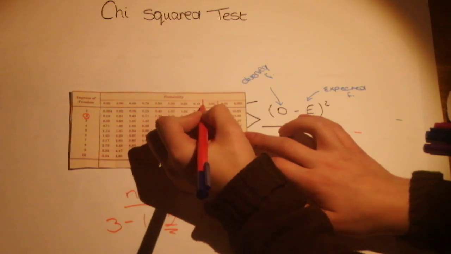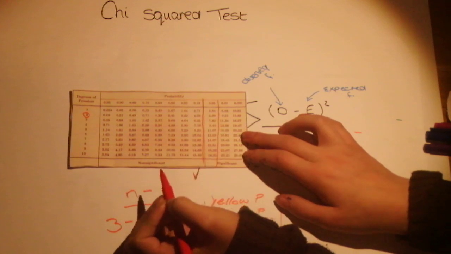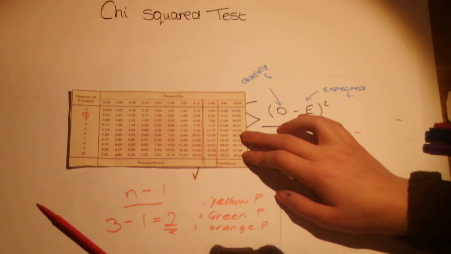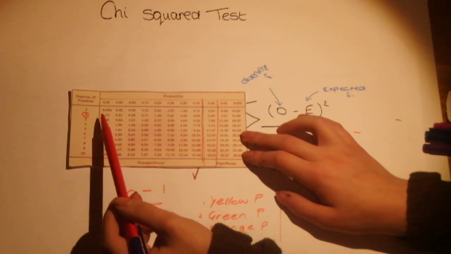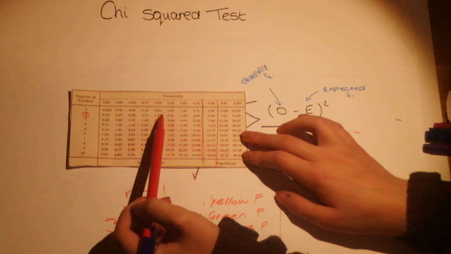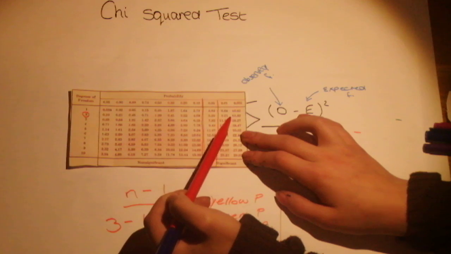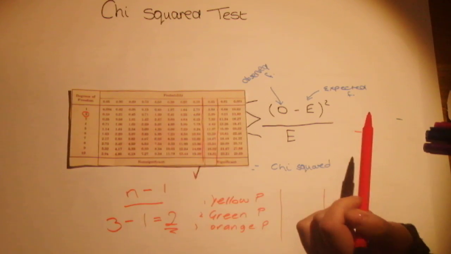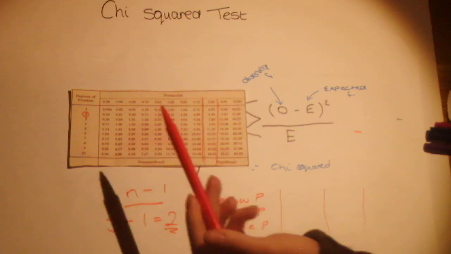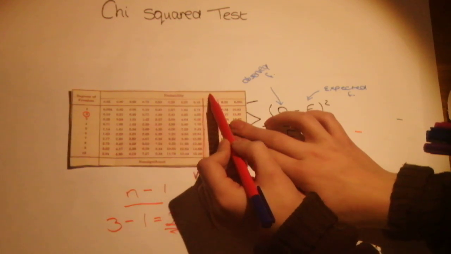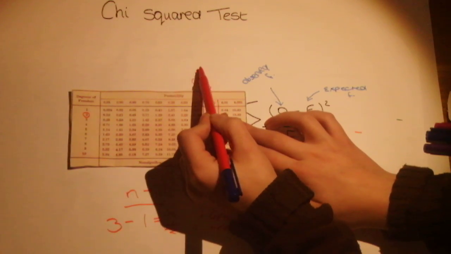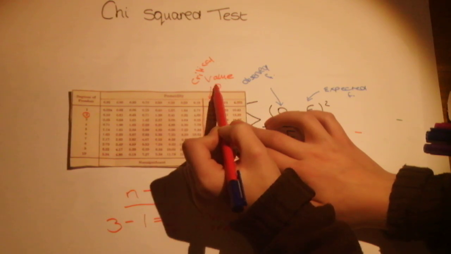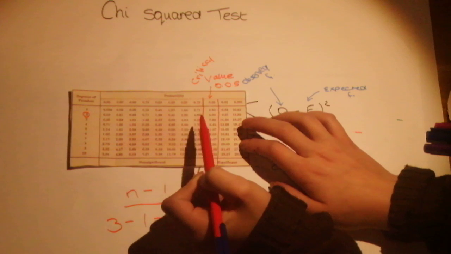This is the key cut-off point, 0.05. So you've got your degrees of freedom, which in this case is 2, because you've taken 1 away from the number of groups. This is the critical value, at 0.05.